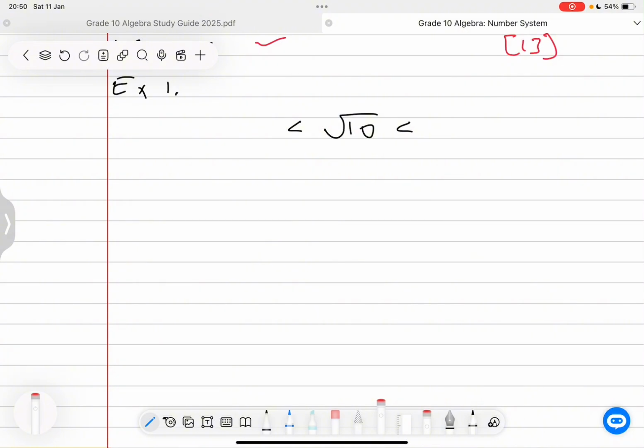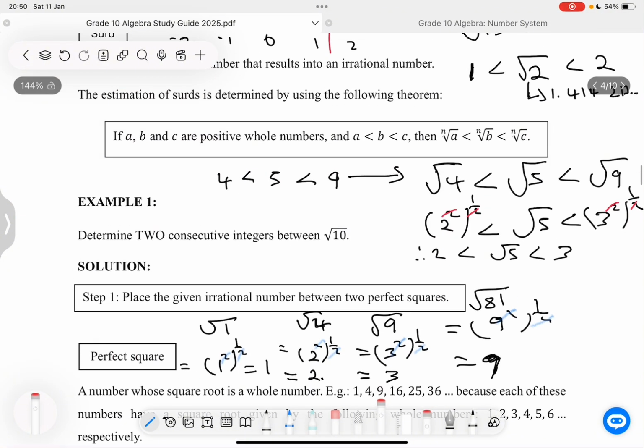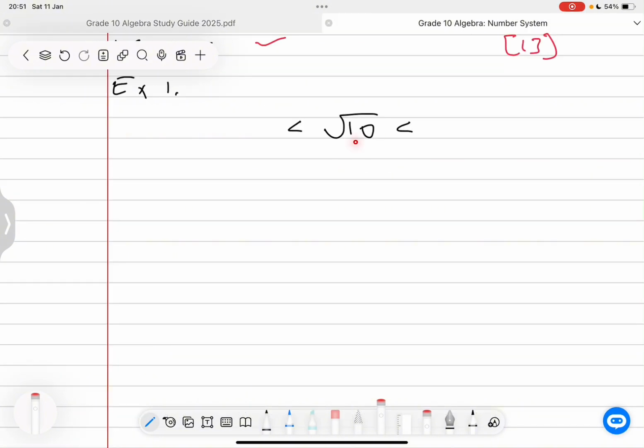From our theorem, the perfect square that should sit this side should be smaller than the number that we are given. In other words, the perfect square that sits here should be smaller than 10. So which perfect square is smaller than 10? We know that perfect square is going to be 9.